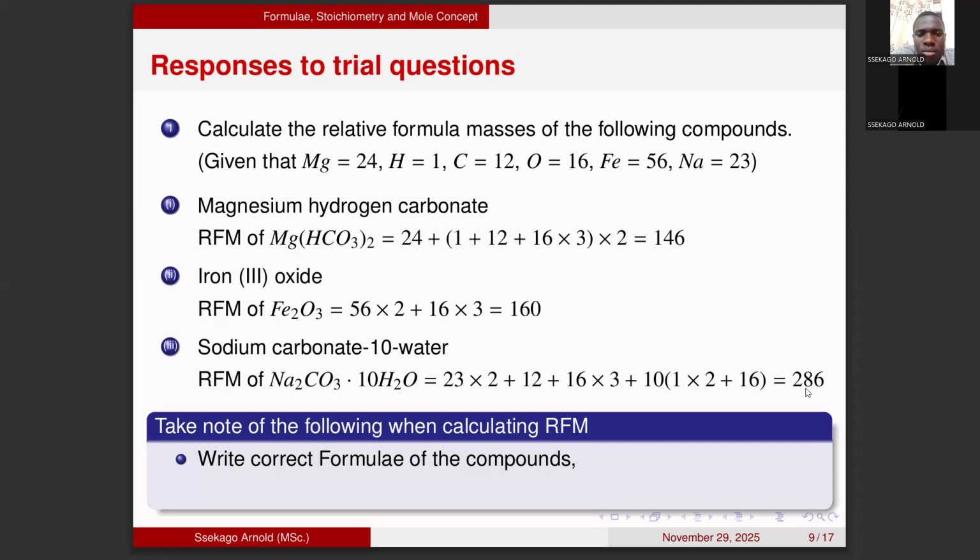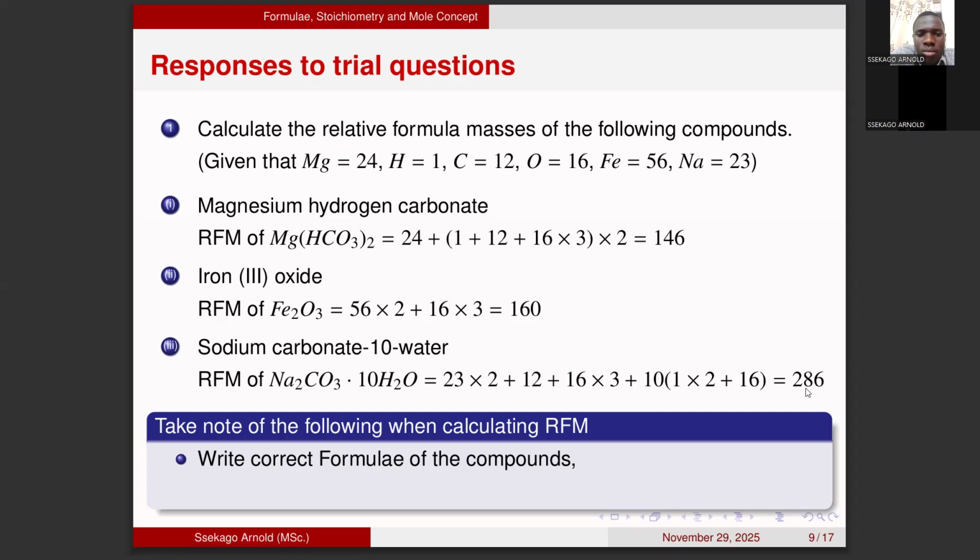So you need knowledge on how to write correct symbols of elements that make up a particular compound. So that information is necessary. Writing correct formulae of compounds, and to do that, you need a lot of things.